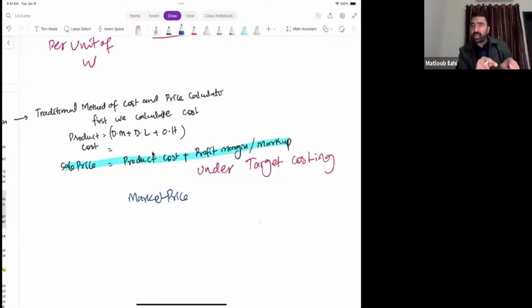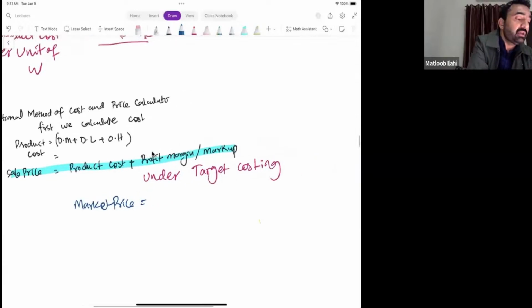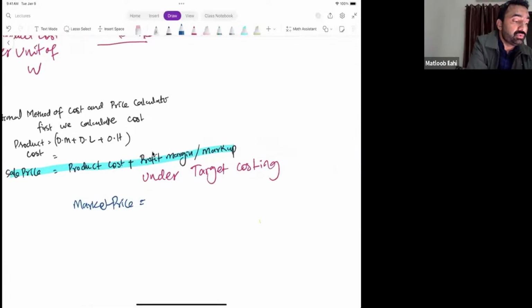So instead of starting from product cost, under target costing we start the process from market price. So we want to first know at what price we should sell our product. Market price.